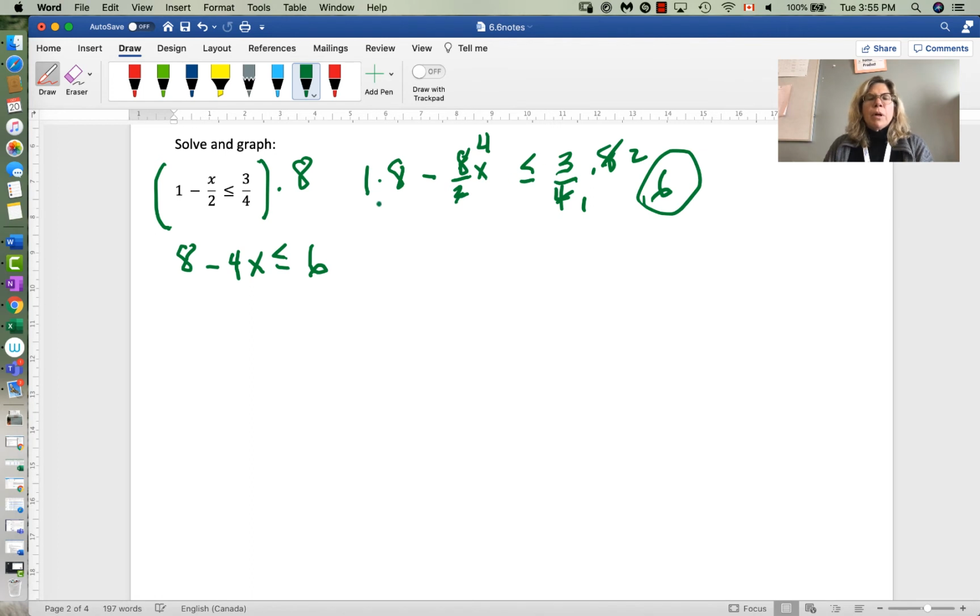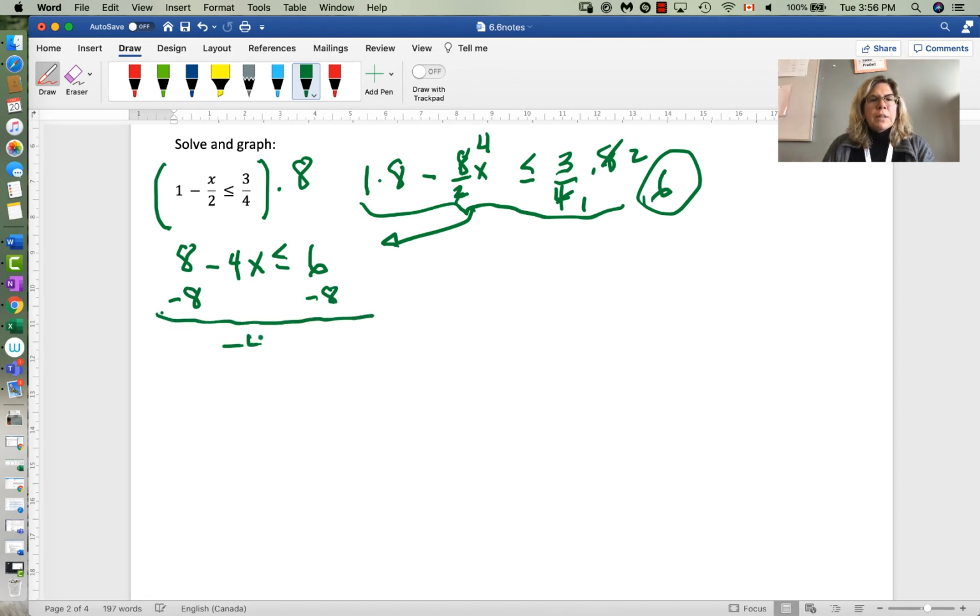Okay, so when we bring all of that down here, and then what do we have? Well, we can take minus 8 and minus 8, and then we have minus 4x is less than or equal to minus 2. And so we want to divide by minus 4 and minus 4.